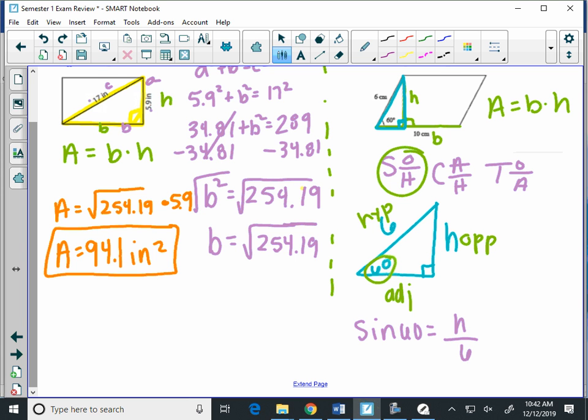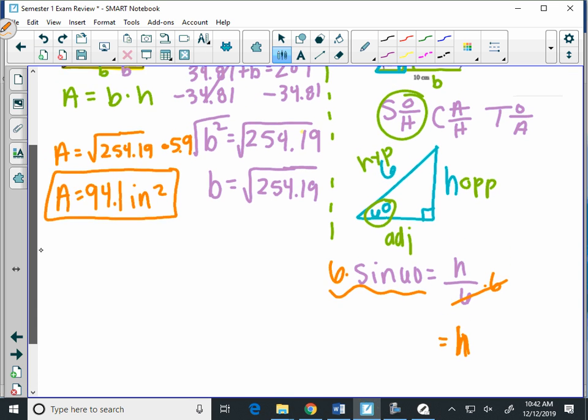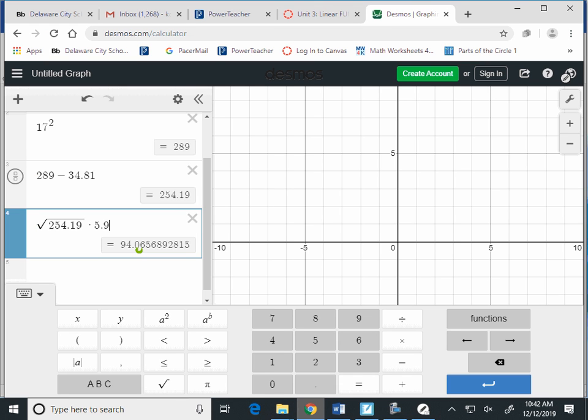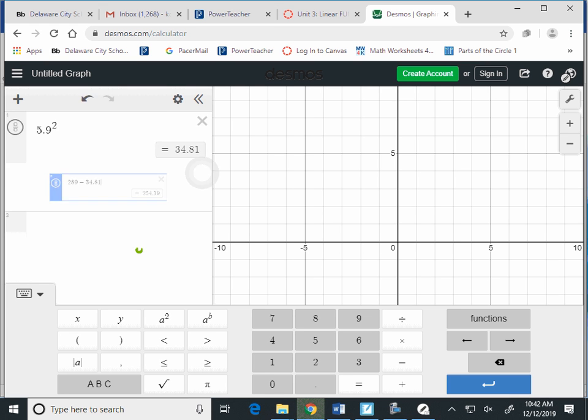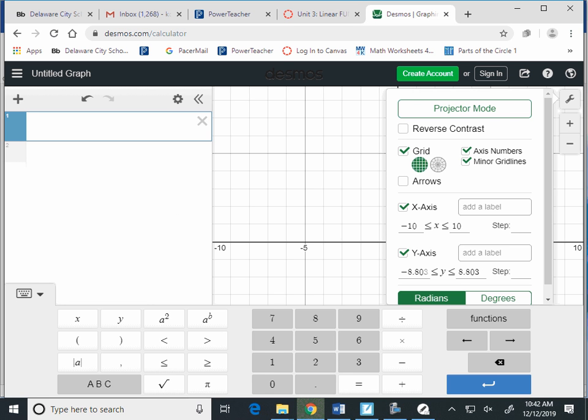Our variable is up high, so we are going to multiply both sides by 6. And this is what you're plugging into your calculator. So you're going to plug in 6 times the sine of 60. It's very, very important that you make sure your calculator is in degrees. If you are using Desmos, and you're not using the Ohio one, you're just using the generic one, you just hit this little tool up there, and then just tap degrees.